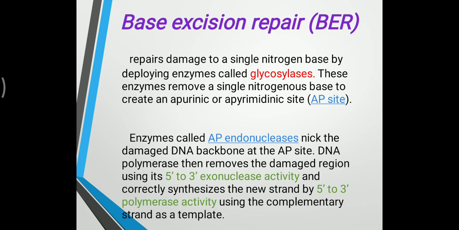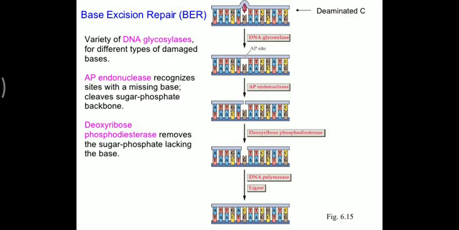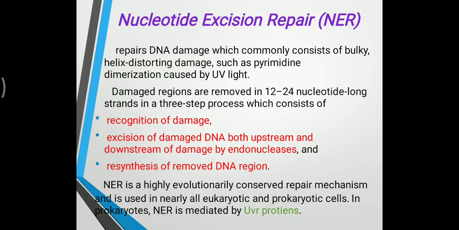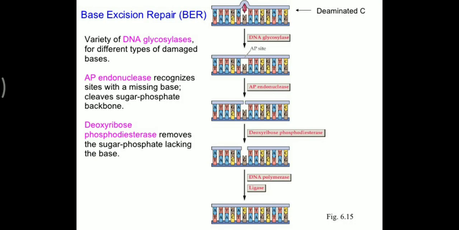Base excision repair. In this mechanism, first, one of the strands has a deaminated C, and there is a wrong base pair in the DNA segment. It is repaired with the help of enzymes like DNA glycosylase, AP endonuclease and deoxyribose phosphodiesterase.